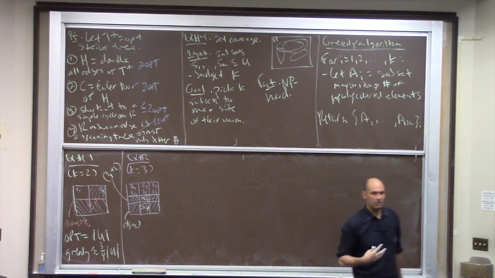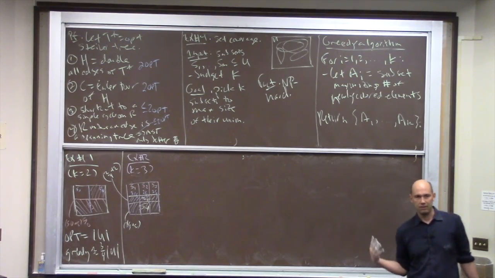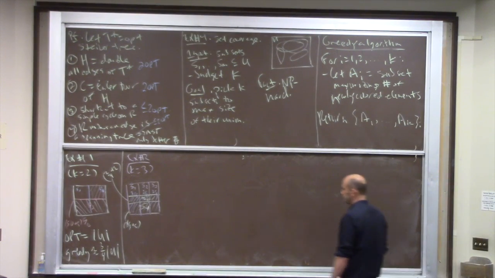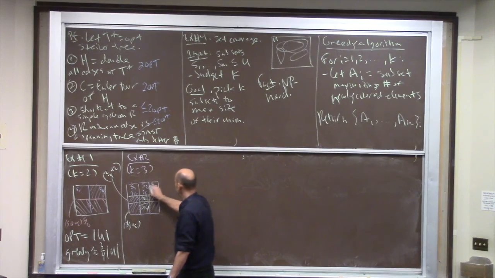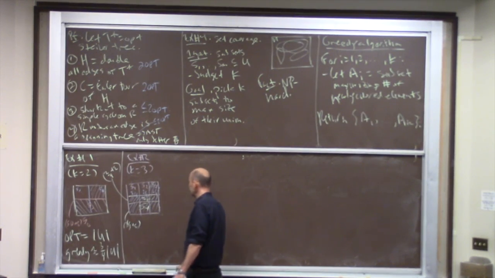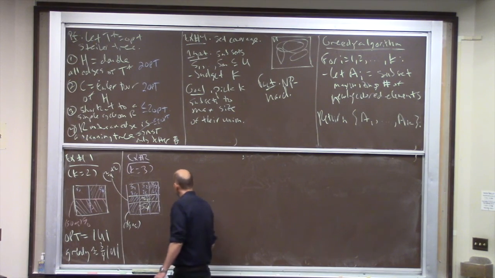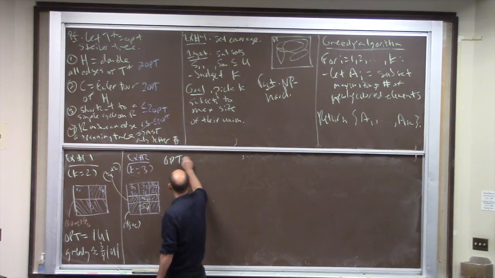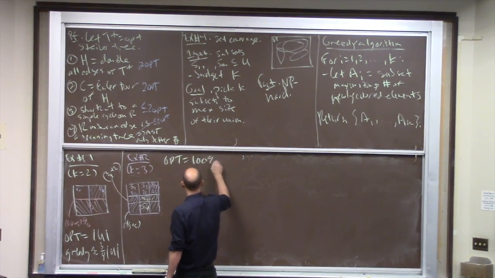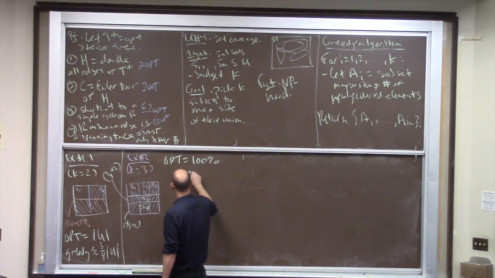And now in the last iteration, we allow greedy to pick S1, S2, or S3. It doesn't matter which one. Maybe it picks S3. So again, opt is 100%. What is greedy?